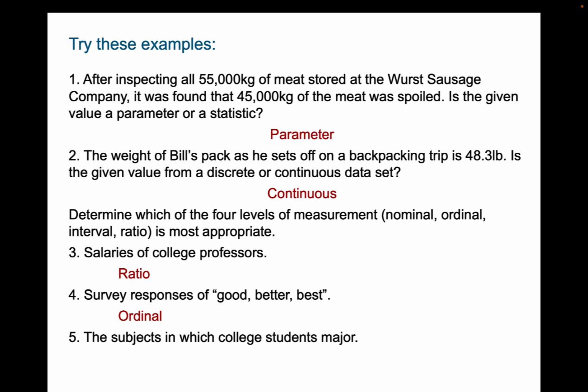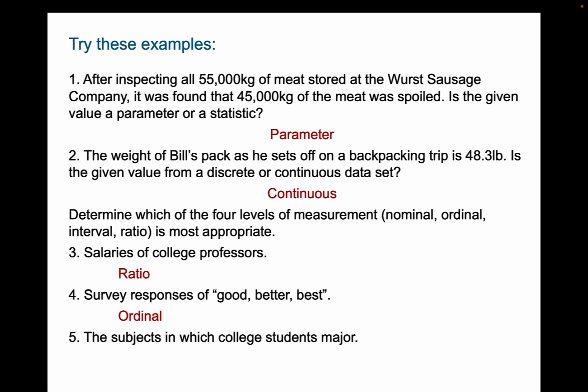That's increasing, okay? But we can't measure, like if one person said good and another person said better, we don't have a way to measure the difference in how good someone thought the movie was versus how much better someone thought the movie was when we've only asked them to respond with good, better, best.